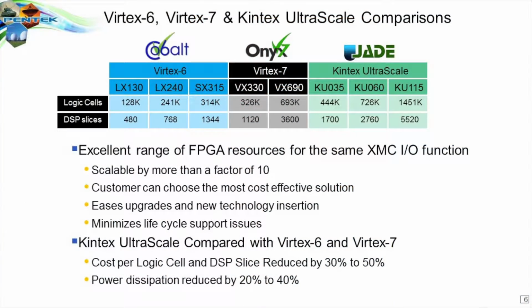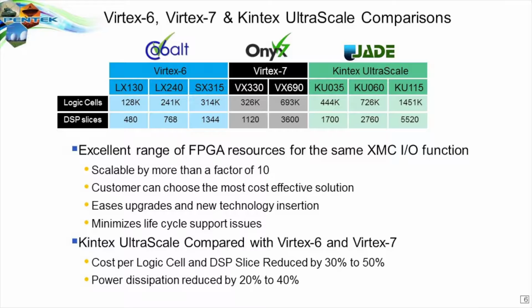We've had 3 different generations up to and including the Kintex, which is our latest UltraScale product, using the Virtex 6 and Virtex 7. And these are just some of the numbers in terms of specific numerical representation of the resources.